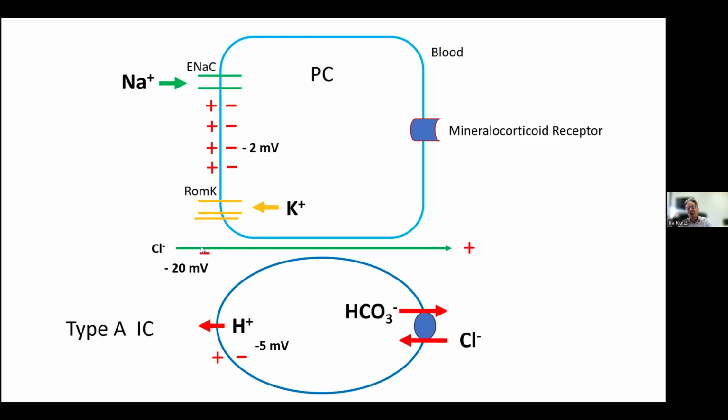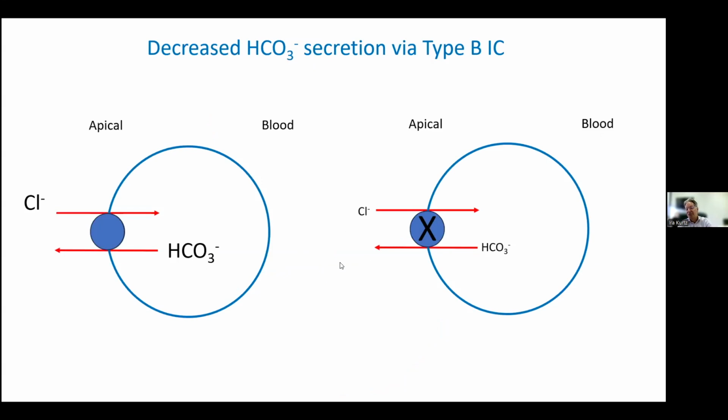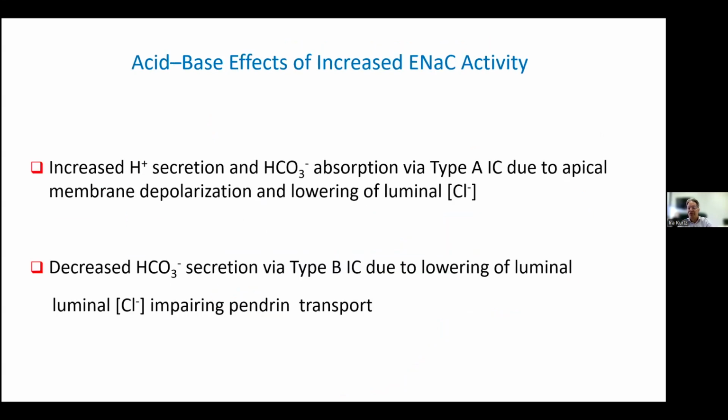So this is an intratubular voltage effect when you enhance ENaC function that drives more chloride out of the lumen. But the net effect is the same. You've lowered the luminal chloride concentration, and now pendrin stops. So we have another mechanism for why they get a metabolic alkalosis: we've impaired bicarbonate secretion via the type B intercalated cells.